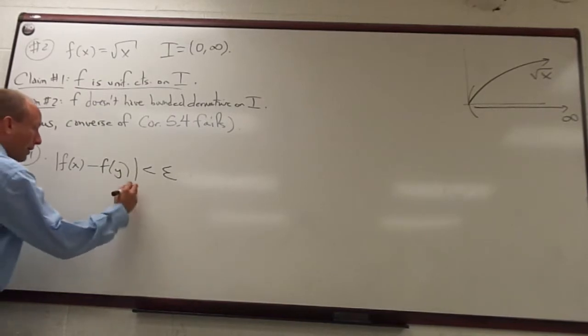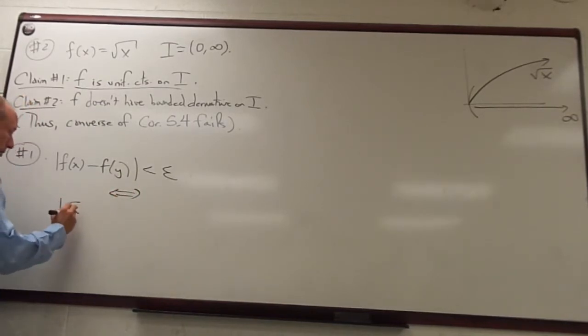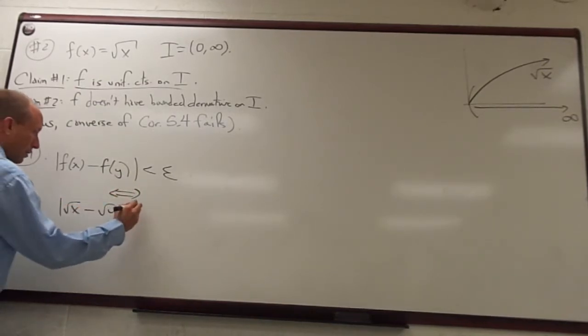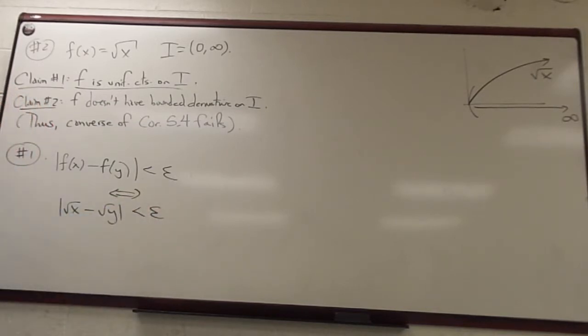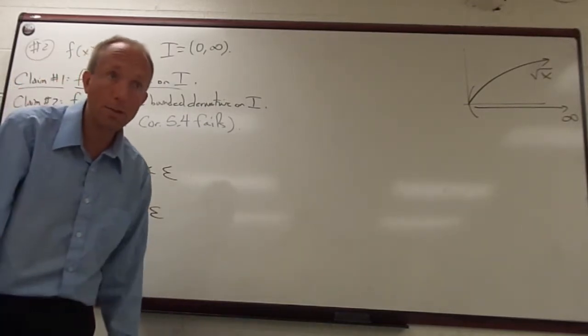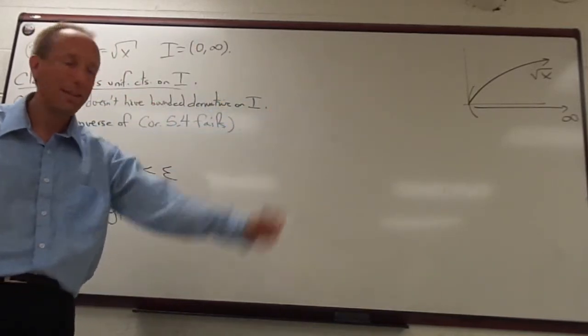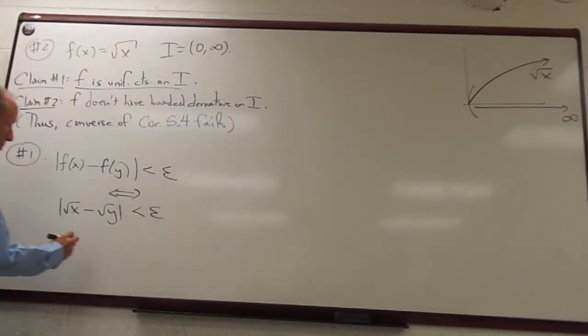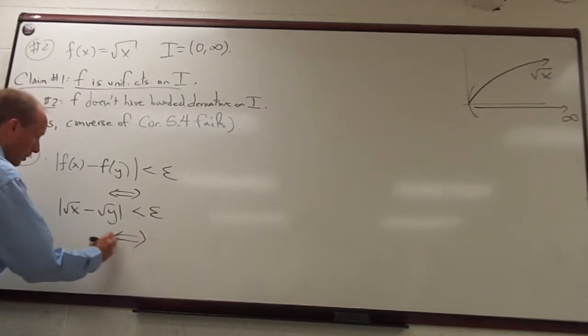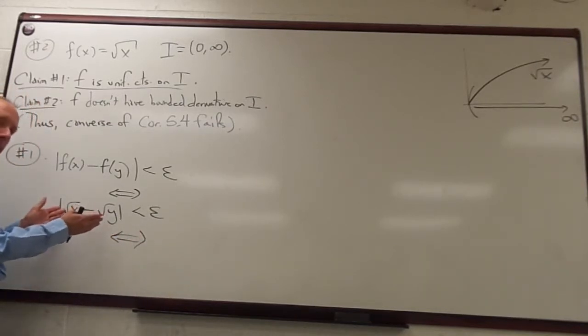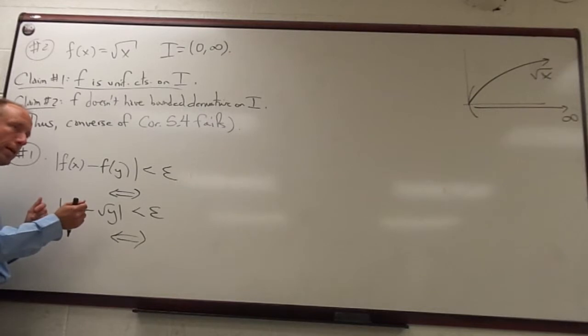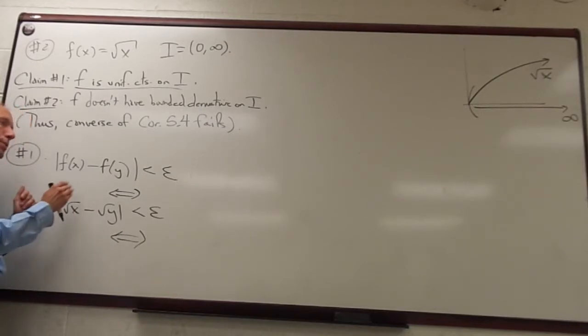That's what you want. Basically you want to get radical x minus radical y less than epsilon. And you need to think about getting x minus y into it, right? Because the x minus y is what is controlled by delta. One way to get the x minus y into it is to multiply radical x minus radical y by radical x plus radical y.